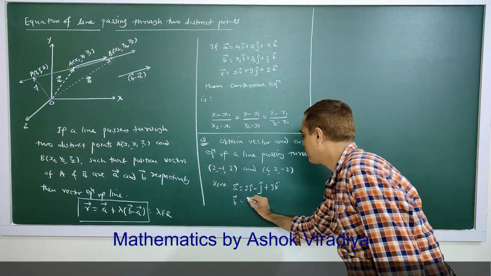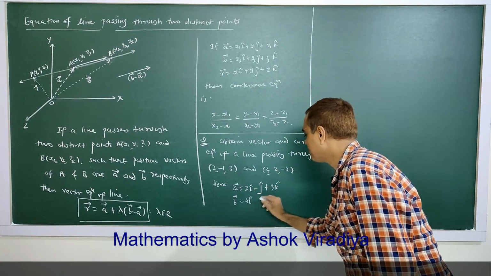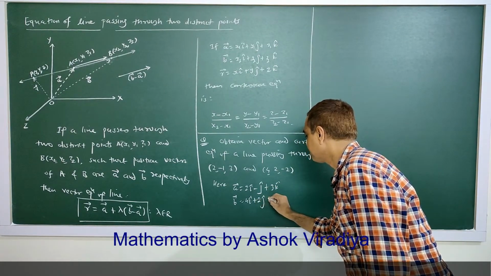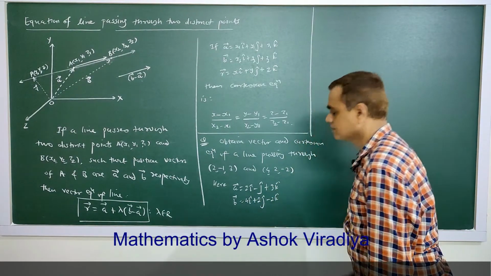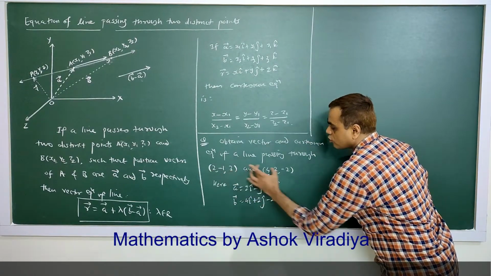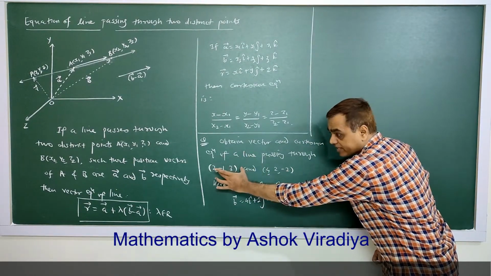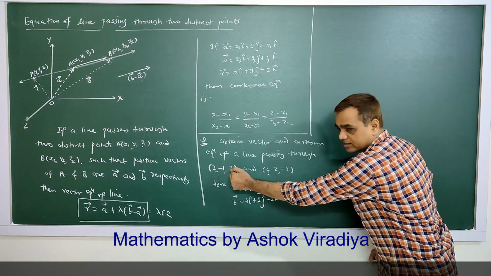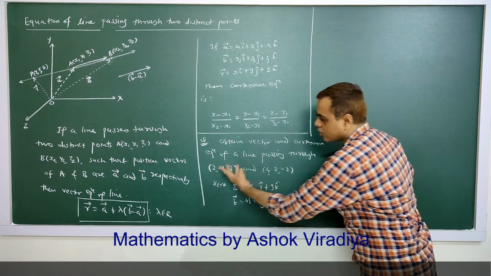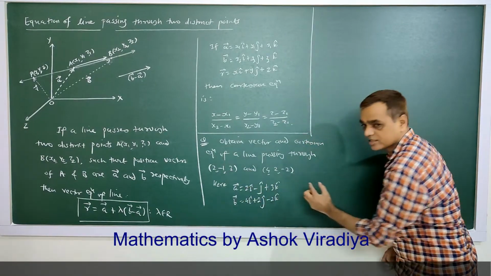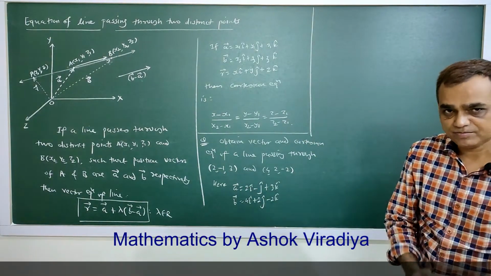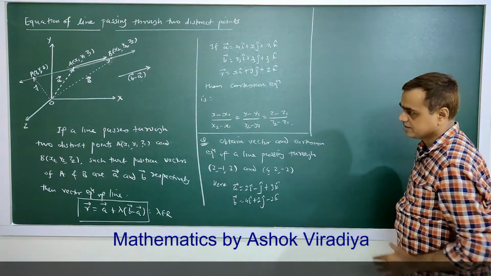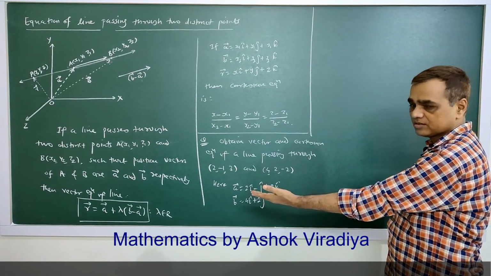So that is 4i and so on, the position vector of the second point. These are coordinates of a point. From coordinates we can write the position vector of that point. So take the coordinates as scalar components and join them with i, j, k. So we have vector A and vector B.